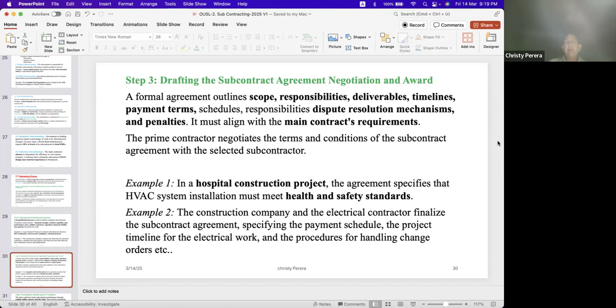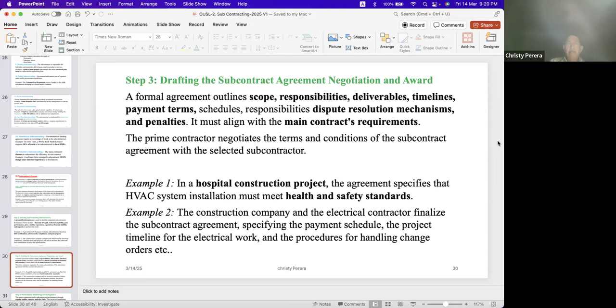The prime contractor negotiates the terms and conditions of the subcontract agreement with the selected subcontractor. It's an ideal example, that Samsung and the Sri Lankan company's real contract agreement.